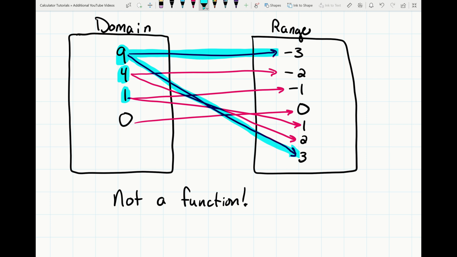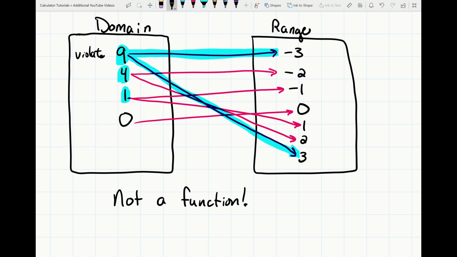According to the definition, for every x you get exactly one y. And this is where we violate, because this 9 points to two different y values. The same thing applies to the 4, and the same thing applies to the positive 1.